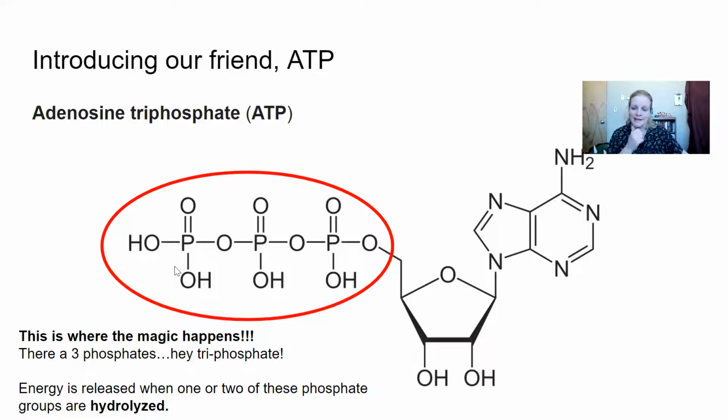And what that does is that makes our triphosphate into a diphosphate. So we are cycling between ATP, triphosphate, and ADP, diphosphate, based on how many phosphate groups are on this adenosine triphosphate or diphosphate.